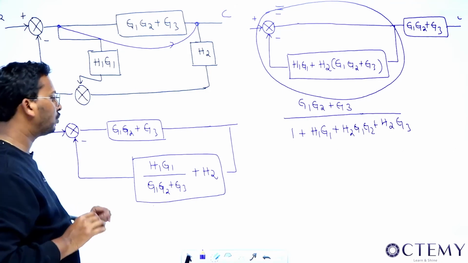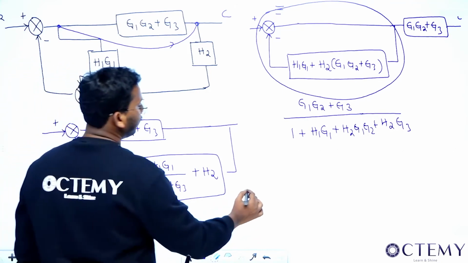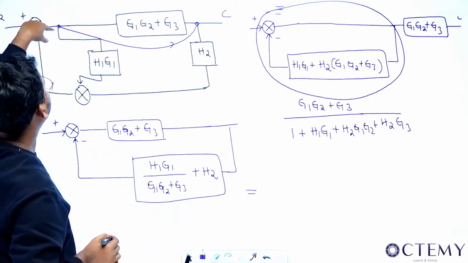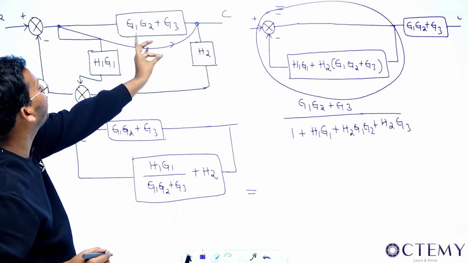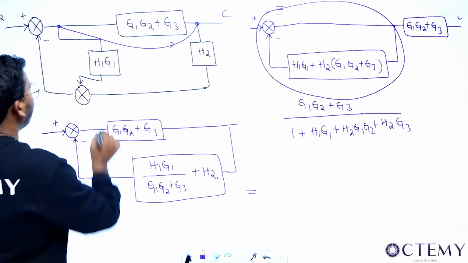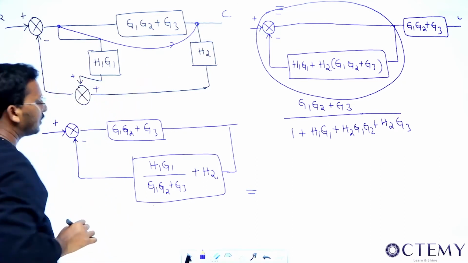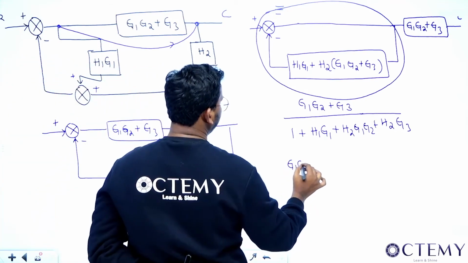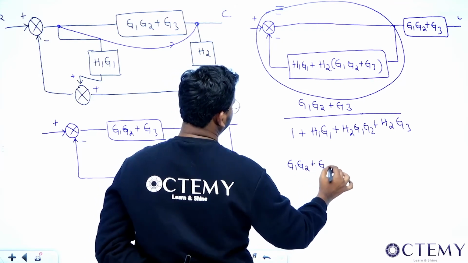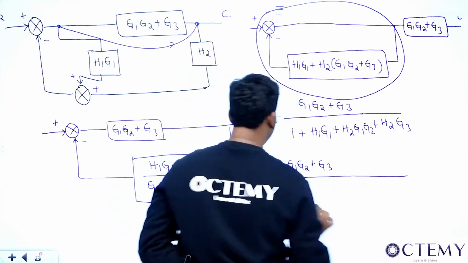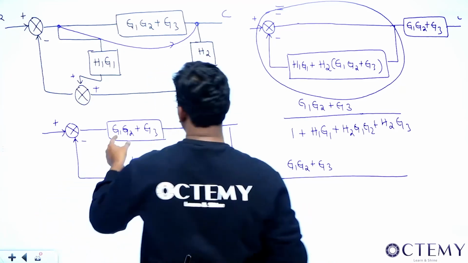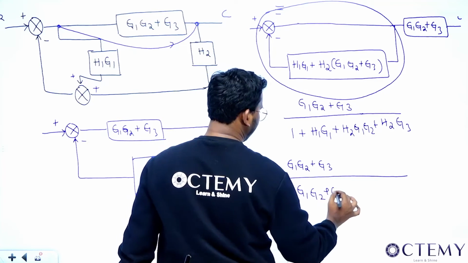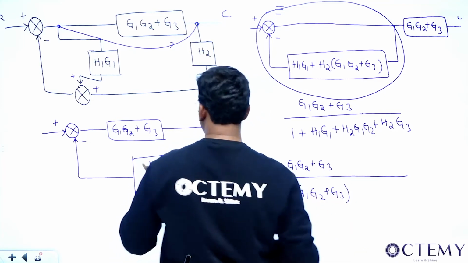Now see sir, if I want to solve this, if this goes here, they will get added. When they get added, they will simply become a block like this. This is plus, right? Now if I do this, I will get G1 G2 plus G3 whole divided by 1 plus G, where G is G1 G2 plus G3, times H. What is H, sir?